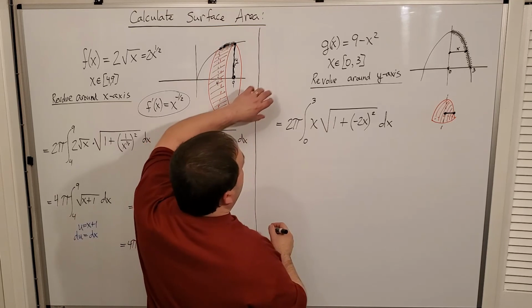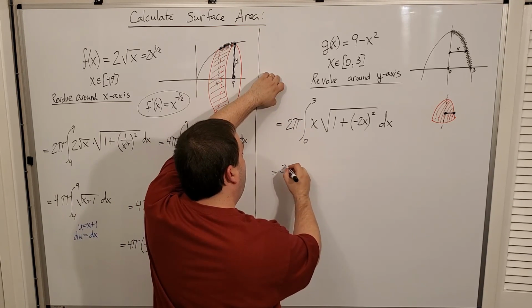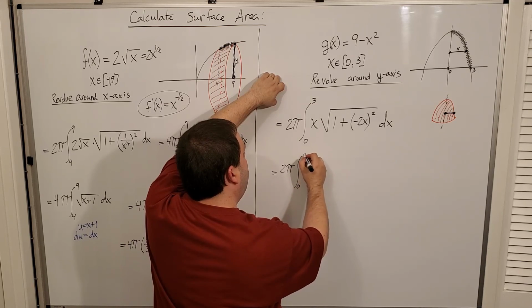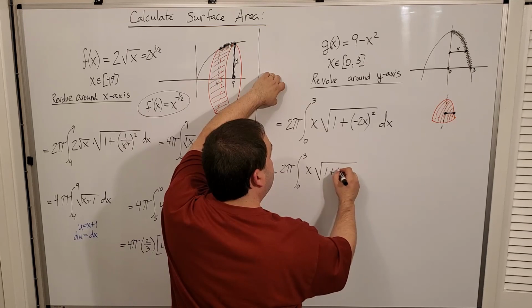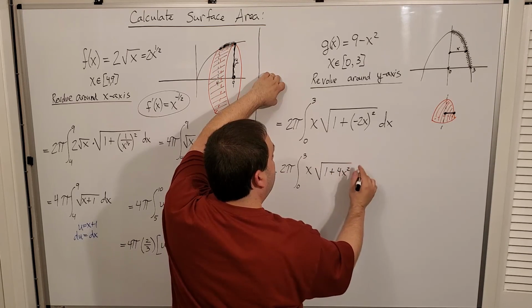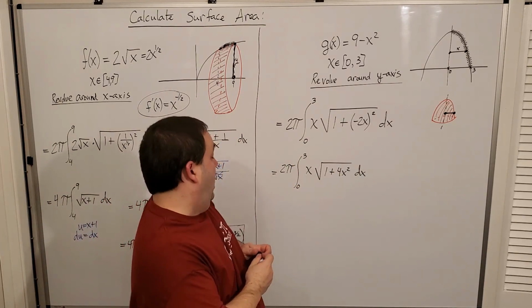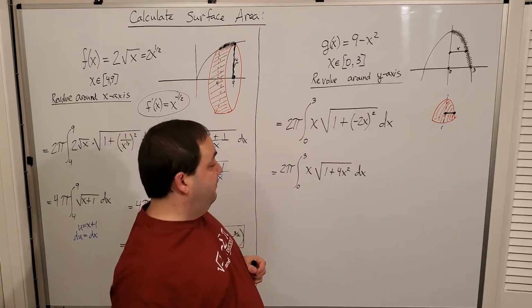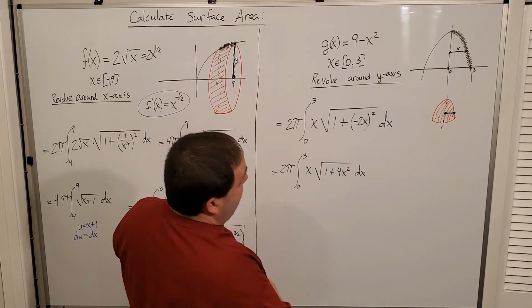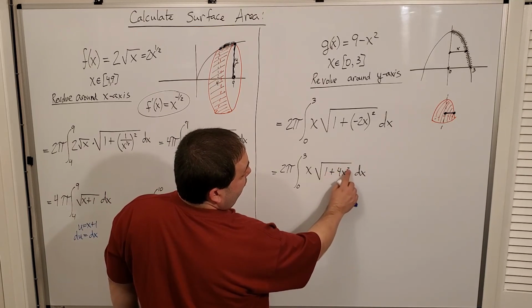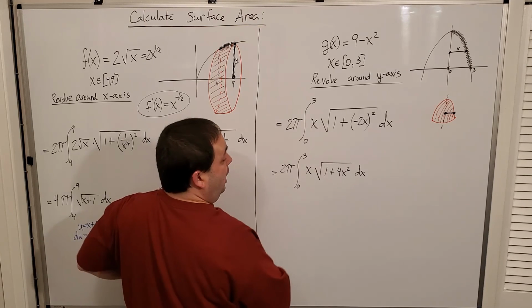So then my surface area becomes 2 pi integral 0 to 3 x square root 1 plus 4x squared times dx, which again, I need to do a substitution in order to follow through. Luckily, I can already see that we're going to succeed because I need something with a derivative of an x squared, which means I'm going to need an x, and we've got that ready to go.